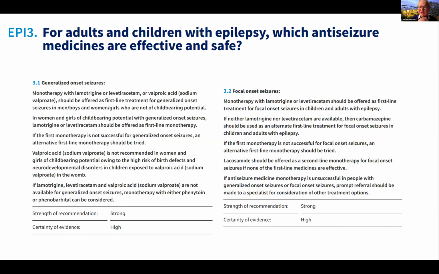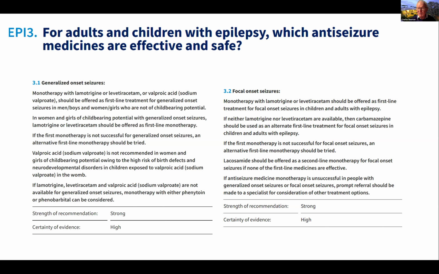For focal onset seizures, monotherapy with lamotrigine and levetiracetam are again recommended for children and adults with epilepsy. Carbamazepine should be used if these are not available; it is much more widely available in many resource-poor areas. Likewise, if the first monotherapy doesn't work, then try another drug as monotherapy.